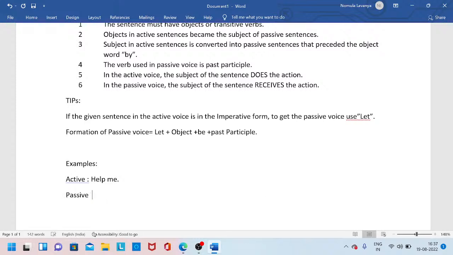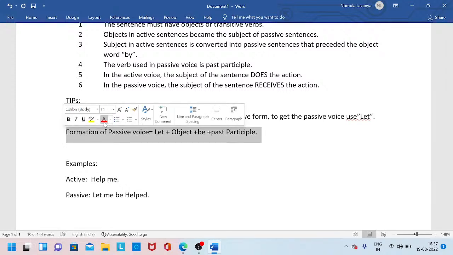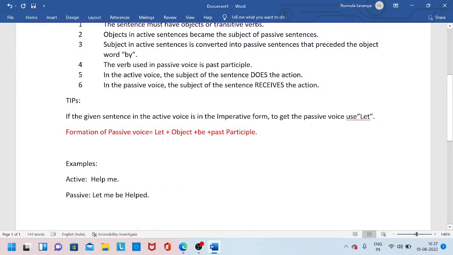Passive is like "let me be helped." So this is what the example is. "Let me help" in the active voice, then the passive will change into "let me be helped." I'll just color it so you can easily see.